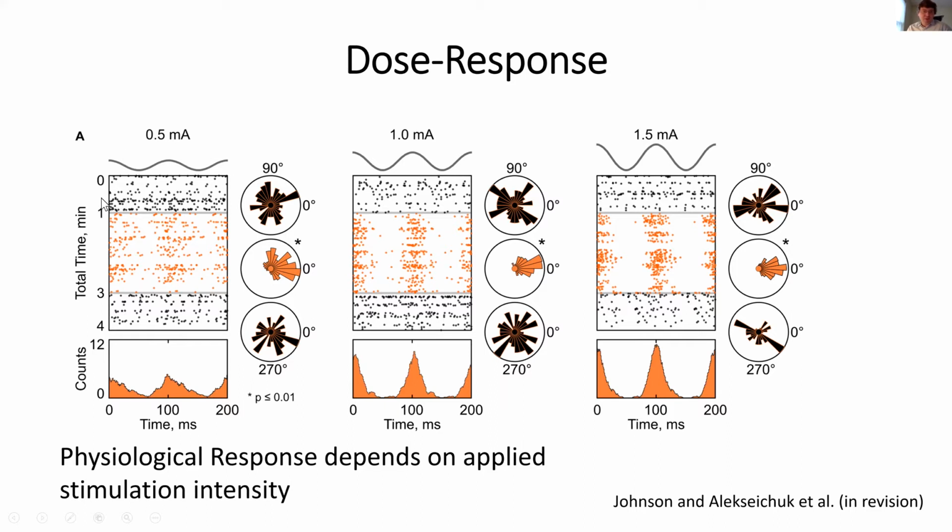And what we saw is a really nice dose response: with increasing intensity, single units got increasingly more entrained. With entrained, we mean alignment to the peak of the stimulation. This basically shows a real direct relationship between electric field strength and physiological response.